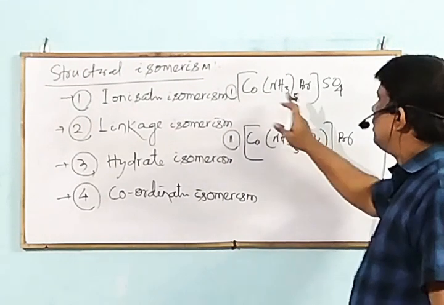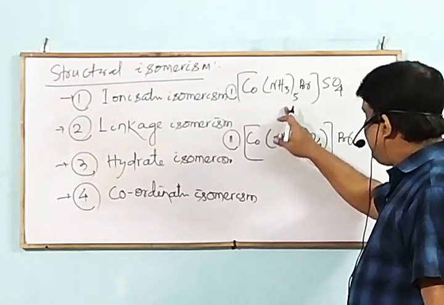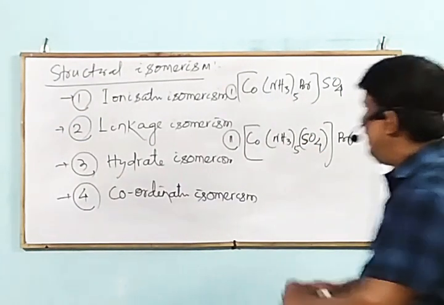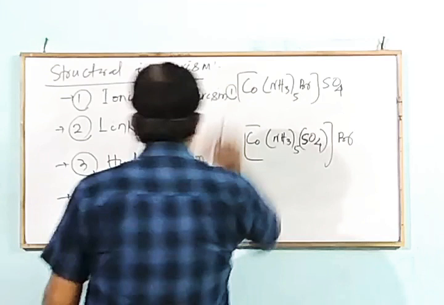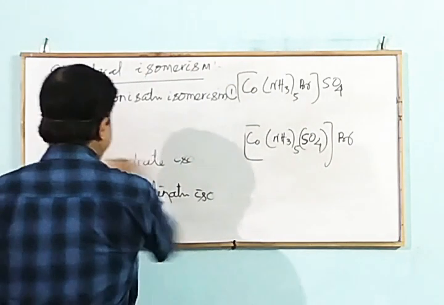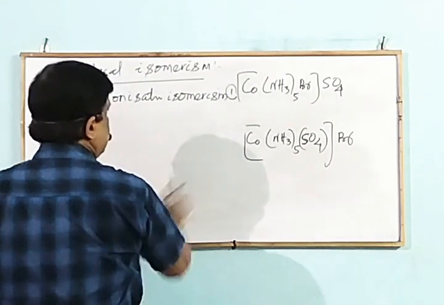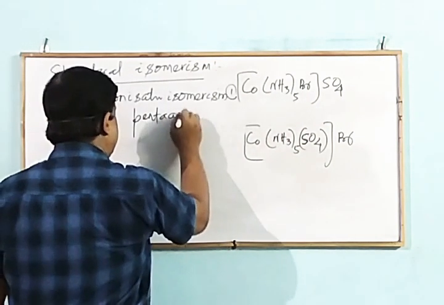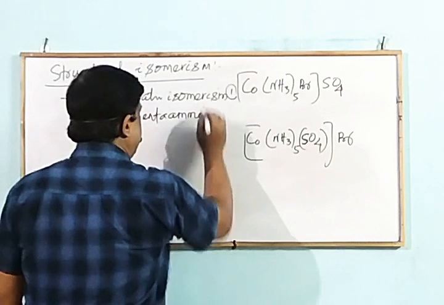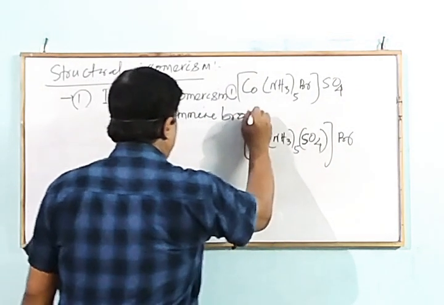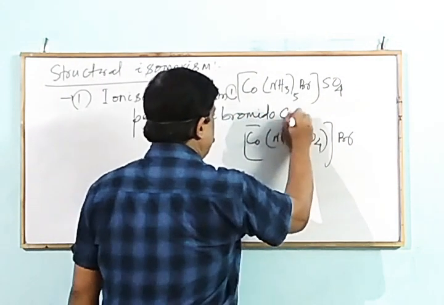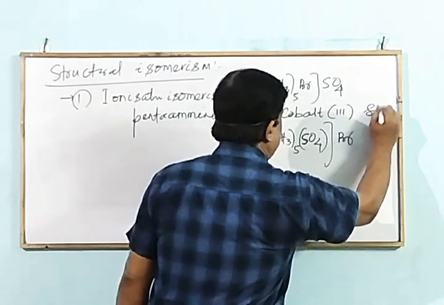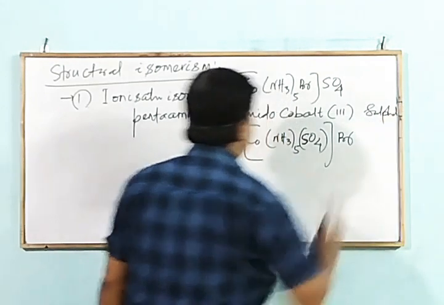Its name is pentaamine bromido cobalt 3 sulfate. I rewrite its name. Mark that. Its name is pentaamine bromido cobalt 3 sulfate.